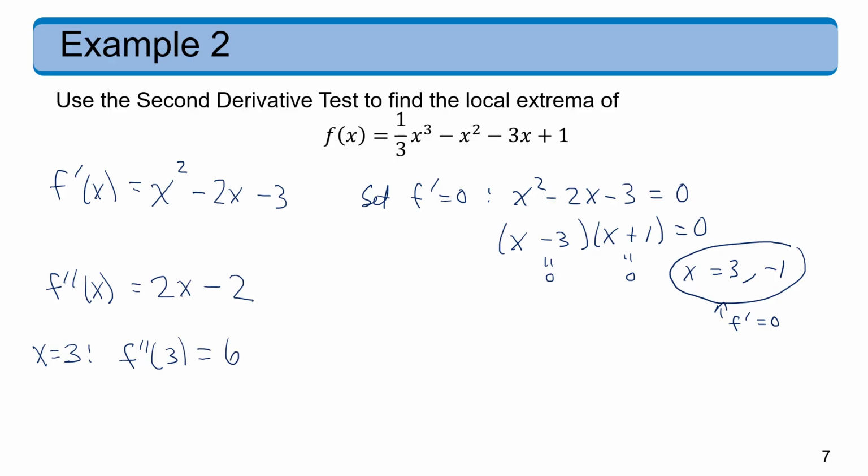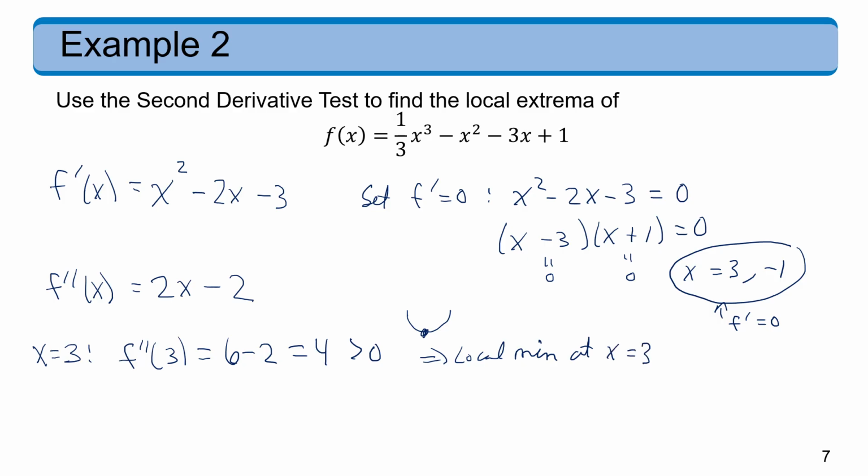And we get 6 minus 2, which is 4, a positive number. Remember, positive second derivative means concave up. And if you just visualize a concave up curve, you can see we've got a local min at the x value we just tested, which was x value 3.